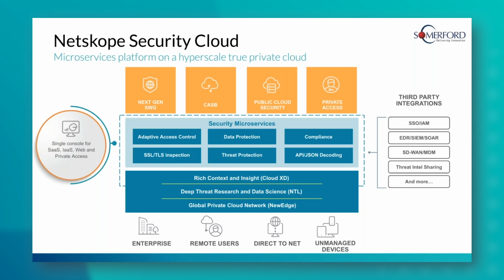VPN. Actually, we've seen this leveraged for several interesting use cases above and beyond security very recently, with the advent of remote working, and that's actually to carry out patching. Whereby organizations previously maybe had to be on site to connect to internal servers to be able to upgrade devices and patch devices.